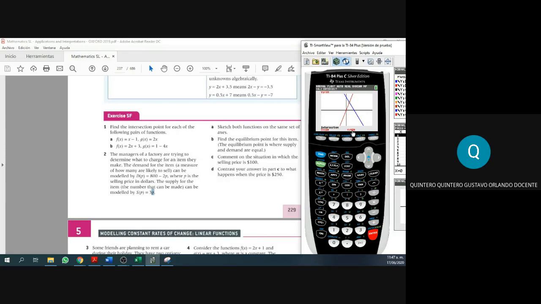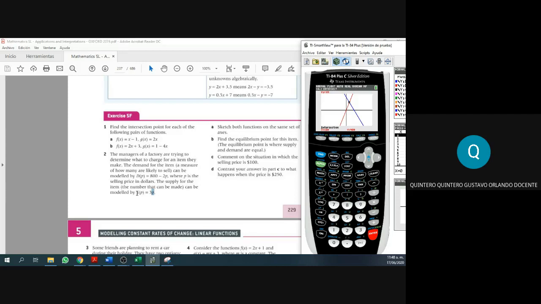So what does that mean? All right, that means that at exactly $160, if we put that as a price, the demand will be 480 items. Remember, demand is how many we are likely to sell. So we are likely to sell 480 items.